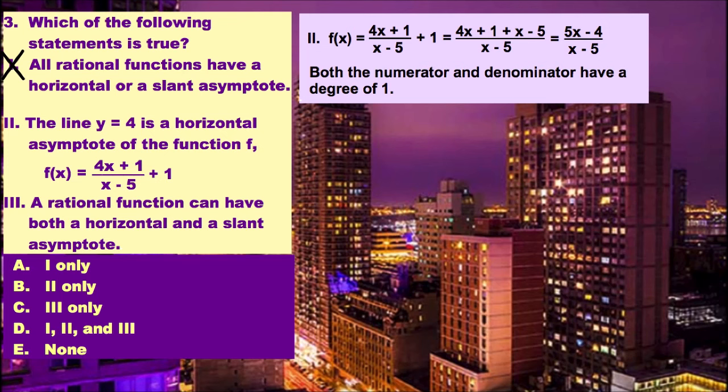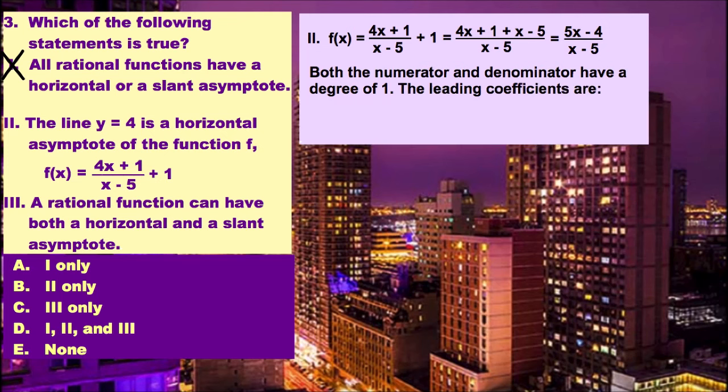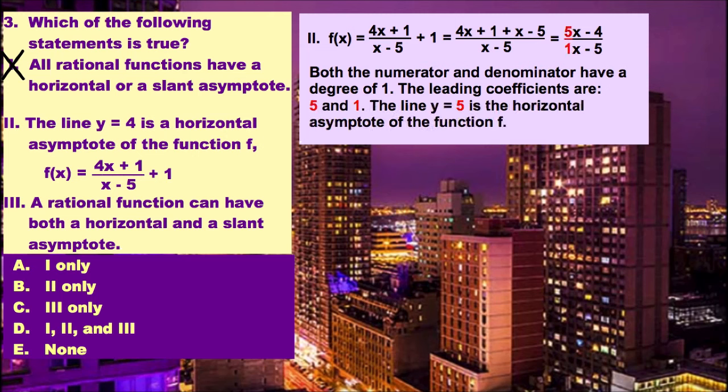Both the numerator and denominator have a degree of 1. The leading coefficients are 5 and 1. The line y equals 5 is the horizontal asymptote of the function f. Thus, statement 2 is a false statement.